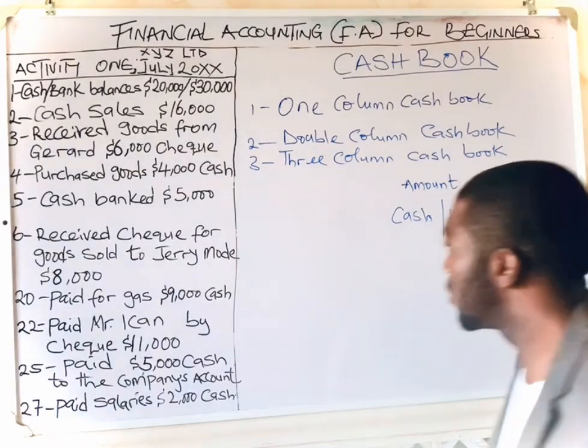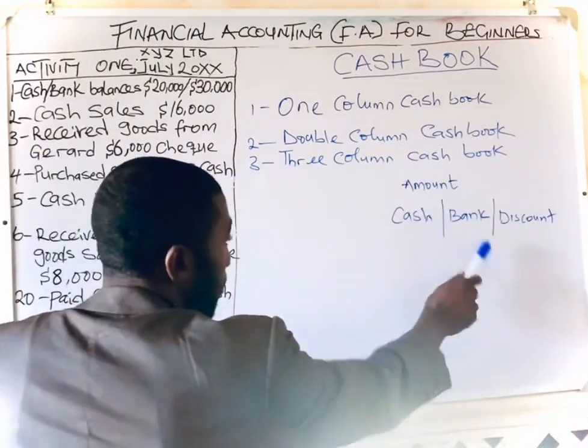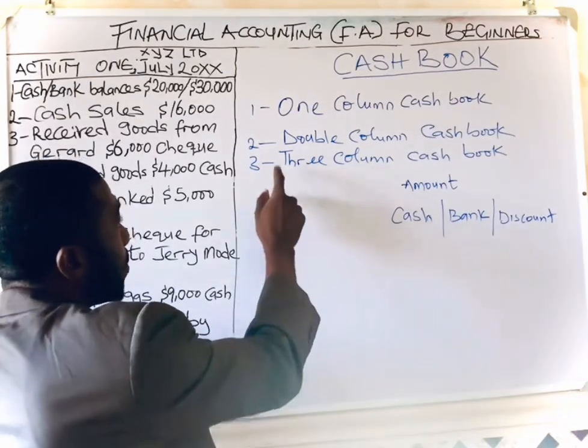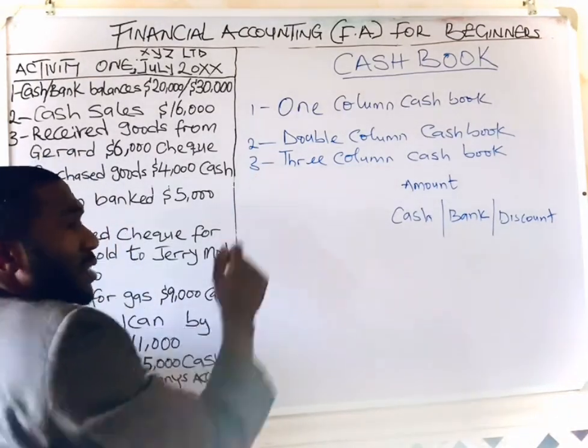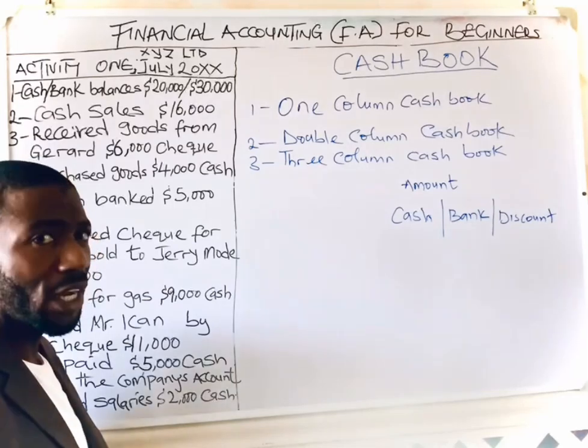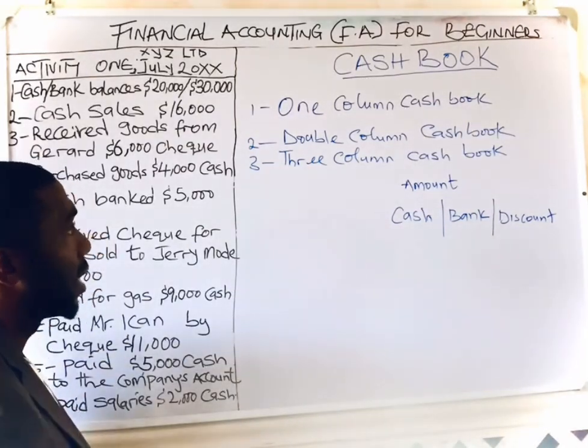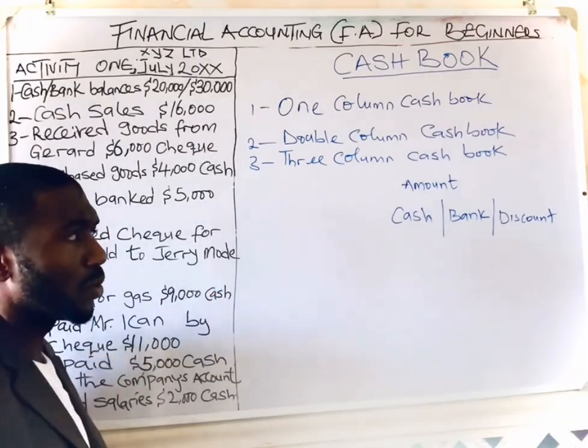So this is what makes it to be 3 column cash book. So we are going to look at the 2 column and the 3 column because they are the examinable types of cash book.